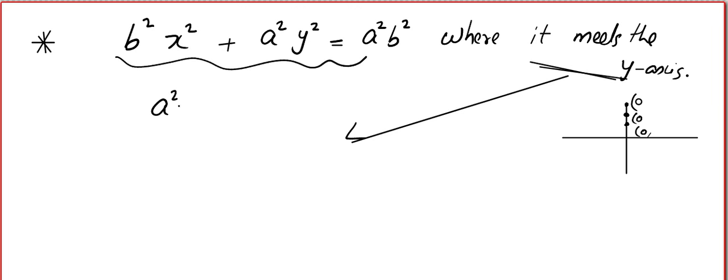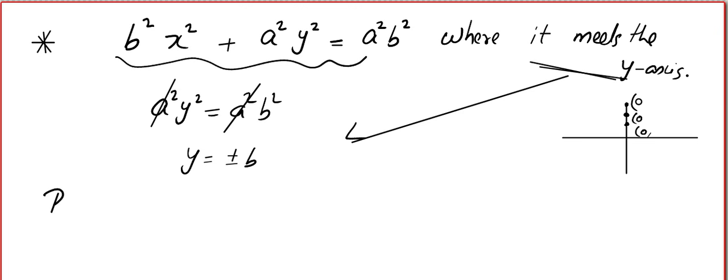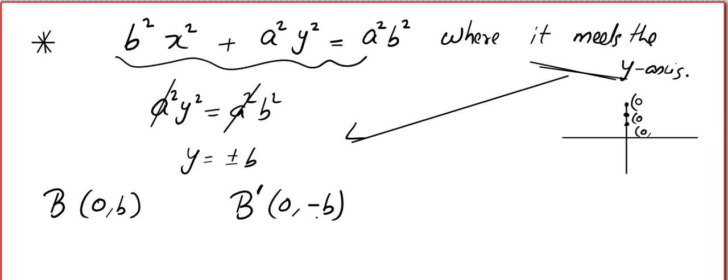That is a square y square, because 0 plus a square y square equal to a square b square. That is y equal to plus or minus b. So where does the curve meet the y-axis? One point is 0 comma b and another point is 0 comma minus b.